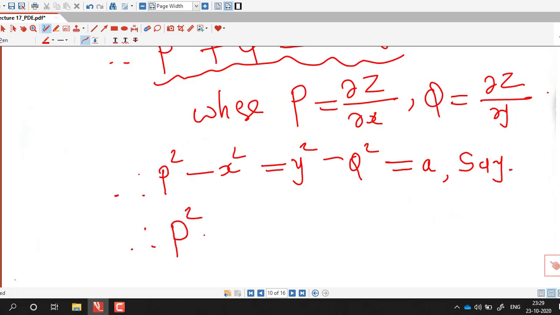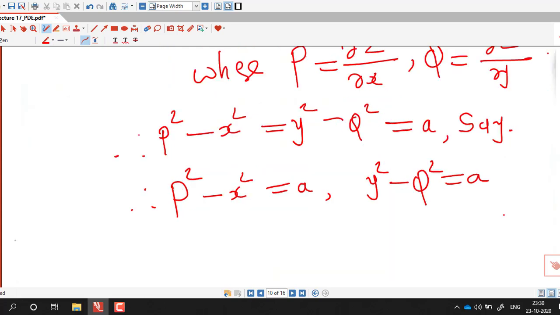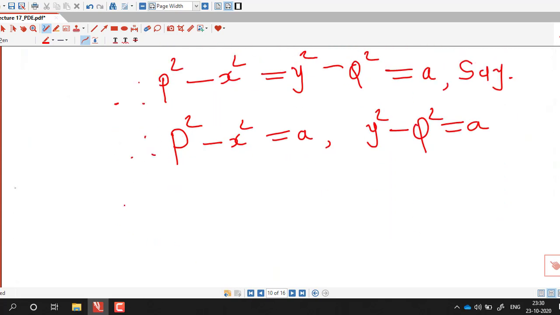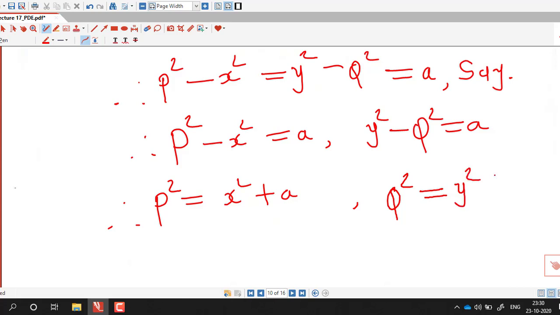So from this I will have p square minus x square equals a, y square minus q square equals a. Therefore p square equal to x square plus a, and similarly q square equal to y square minus a.